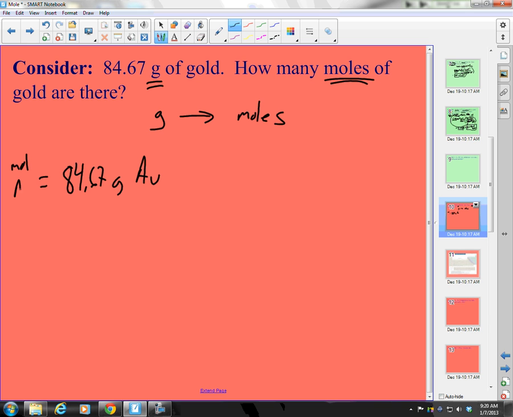Moles of gold. And so I need some kind of equality, and we said that molar mass is equal to the mass of 1 mole. So that means 1 mole of gold has a mass of so many grams, right? And how do I figure that out? Well, we use the periodic table.